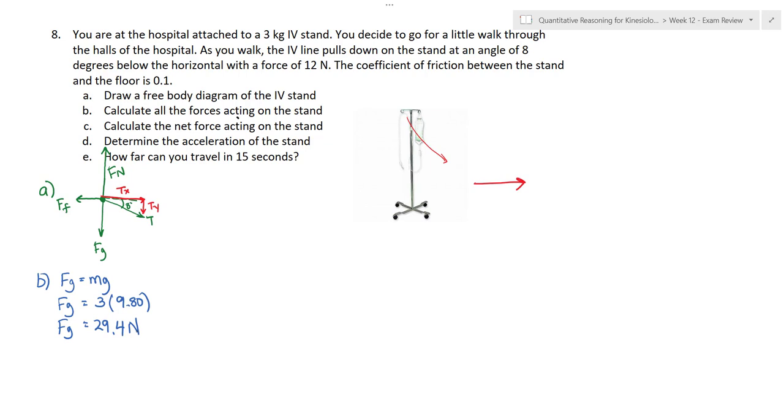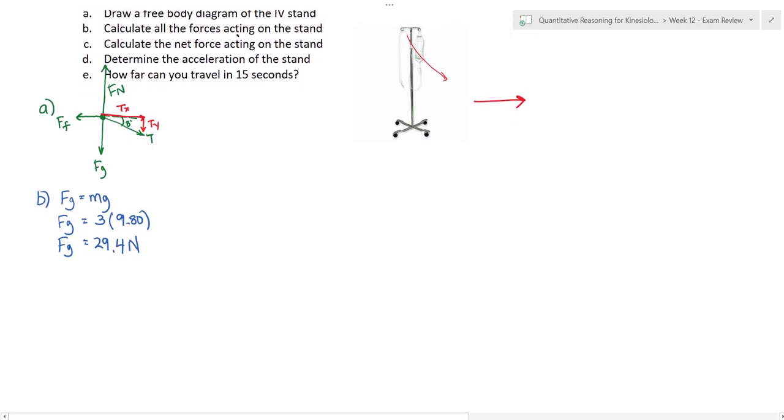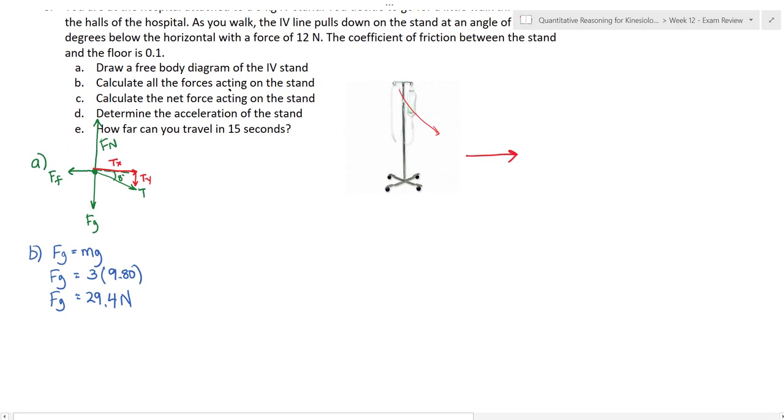Next, I want to find F normal. I can't find F normal until I know what Tx and Ty are, though. So let's find those. My T, they told me, was 12 newtons. This is my tension force. So Tx is adjacent to the 8 degrees, which means I'm going to use cosine.